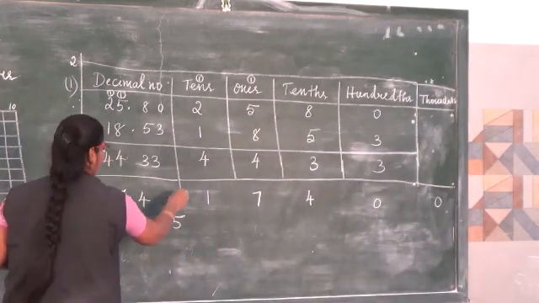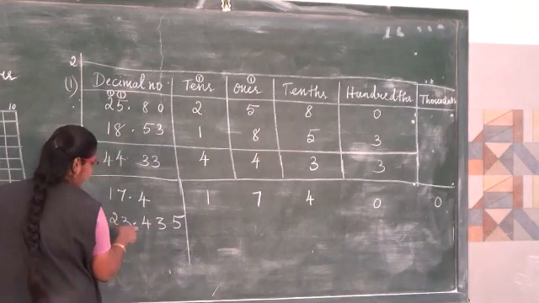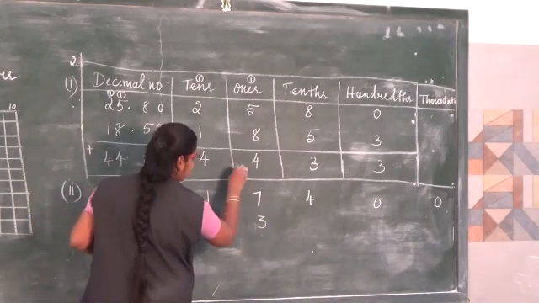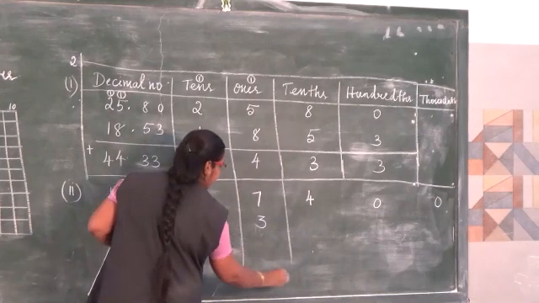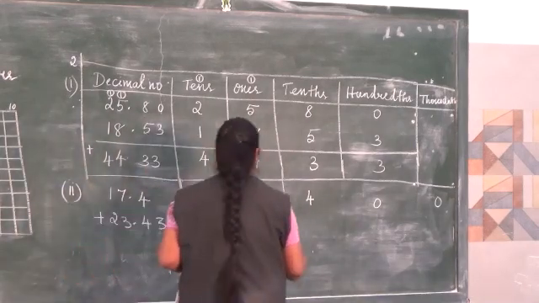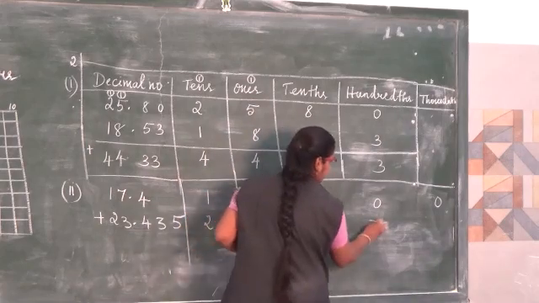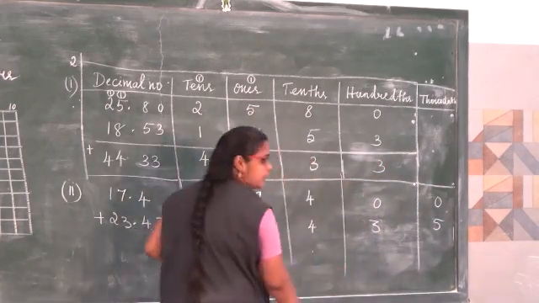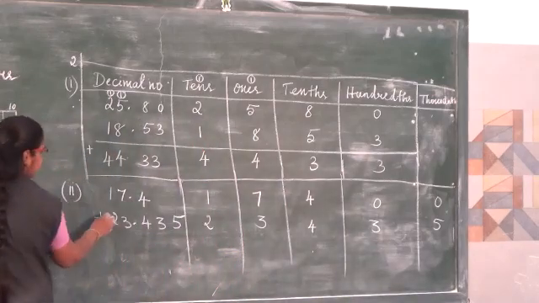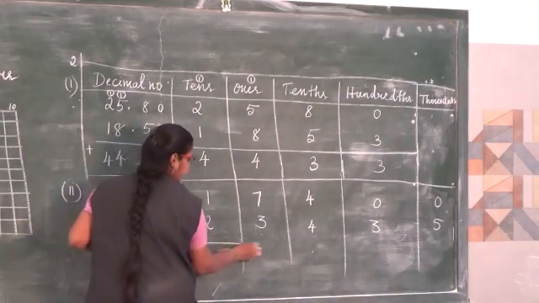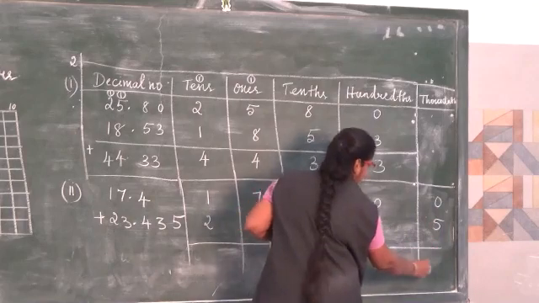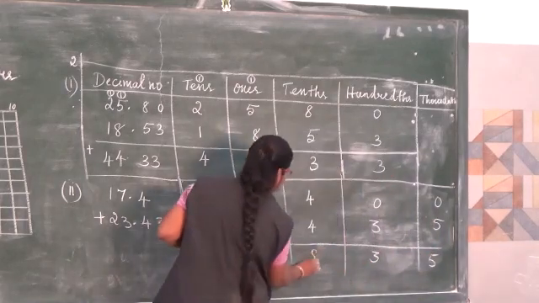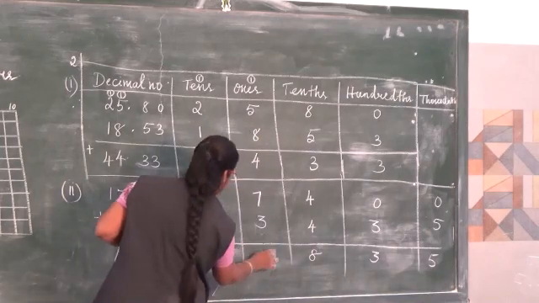So for the second one, 23.435: 2, 3, 4, 3, 5. So you will be adding these two numbers. If you add these two, what will you get? So here 5, 3, 8, 7 plus 3, 10.